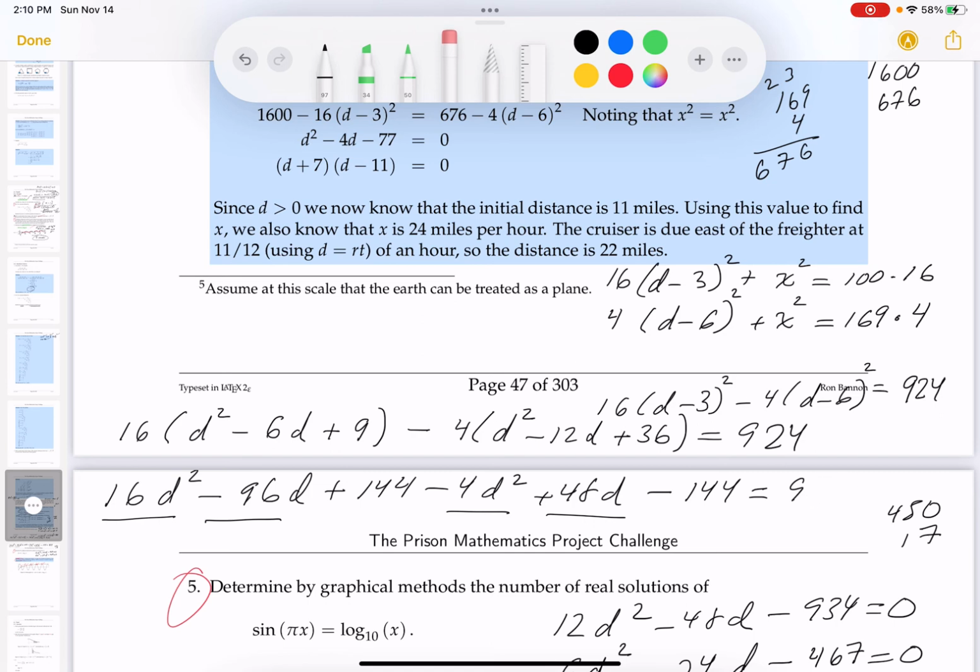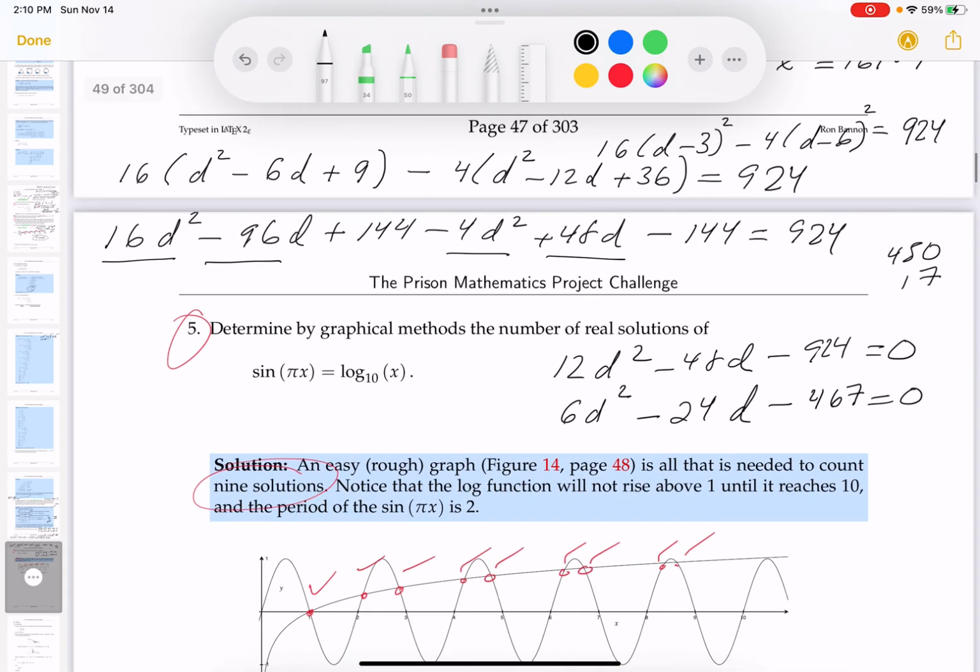It's nice to see your errors, though, I'll tell you. Oh, boy, let's take a look. 924 divided by 2 is 462. Sorry about that.